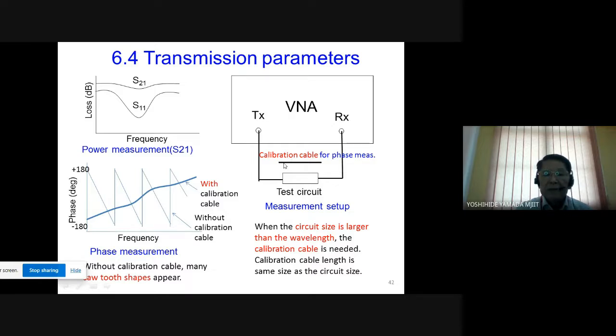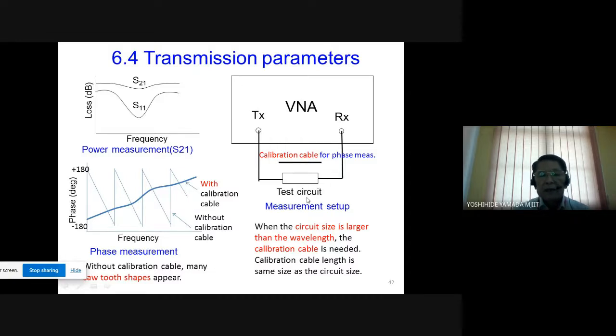If the calibration cable is not used in the calibration, the phase becomes like this one. Very sawtooth-shaped phase differences will appear.